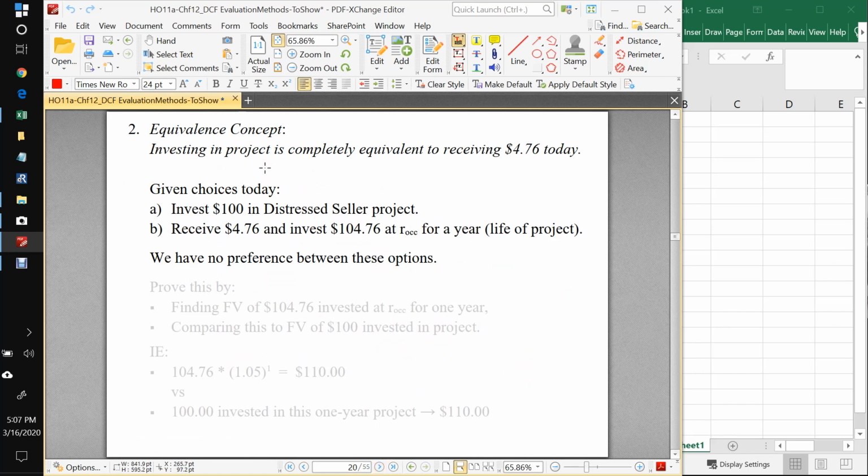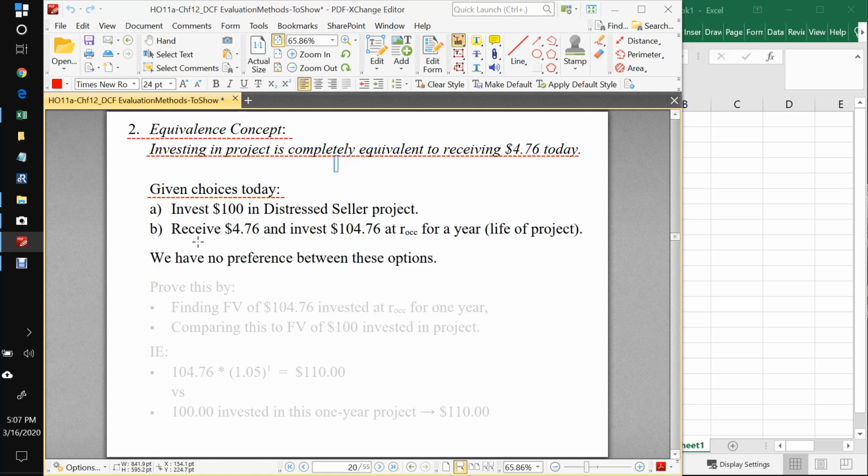Okay, so the second important thing we can say about this is called the equivalence concept. And the equivalence concept says that investing in this project is completely equivalent to receiving $4.76 today. How does this work? Well, let's consider that we have two choices today. So the first is we could invest $100 in the distressed seller project.